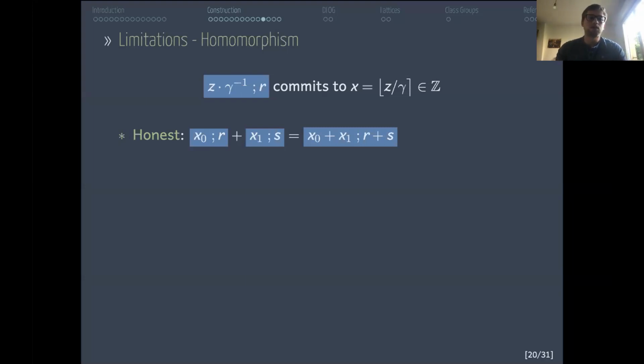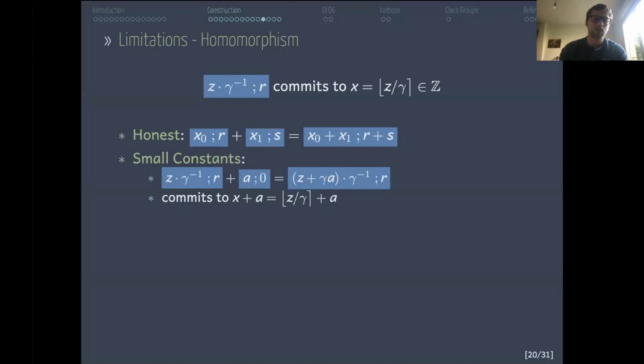So honest commitments are trivially homomorphic. Everything is equal to the original commitment scheme, so we retain all the properties up to the bound, of course, up to where x0 and x1 overflow. Also, we have homomorphy for small constants. Let's say we want to add the constant a to the committed value.